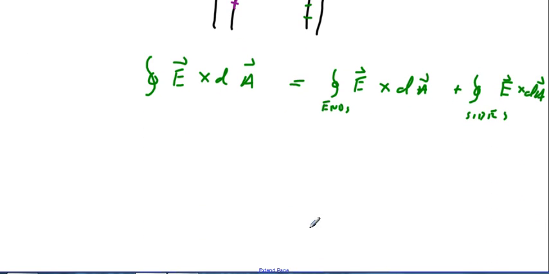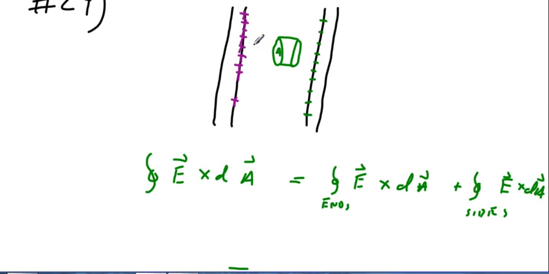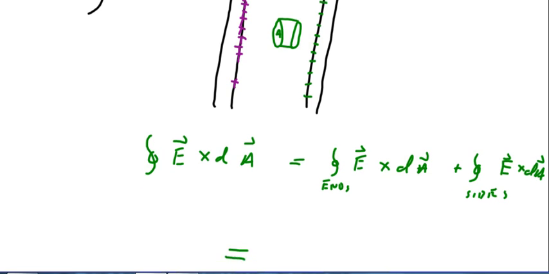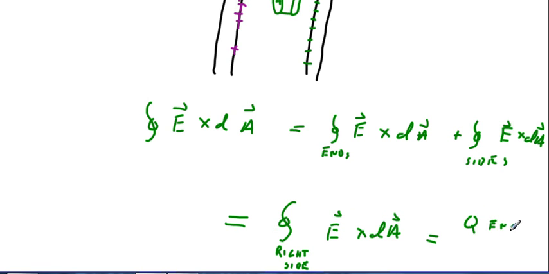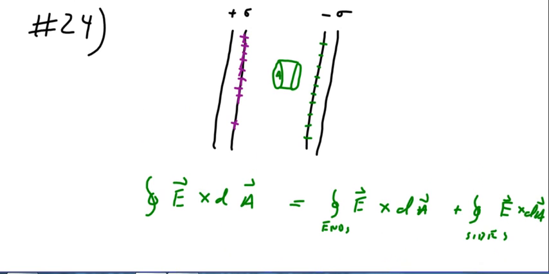And the sides are in parallel with the field, so that's going to be 0. So this has to be the surface area of just the right side. Could be just the left side. Cross the other one. And that's going to be the charge enclosed divided by epsilon naught.